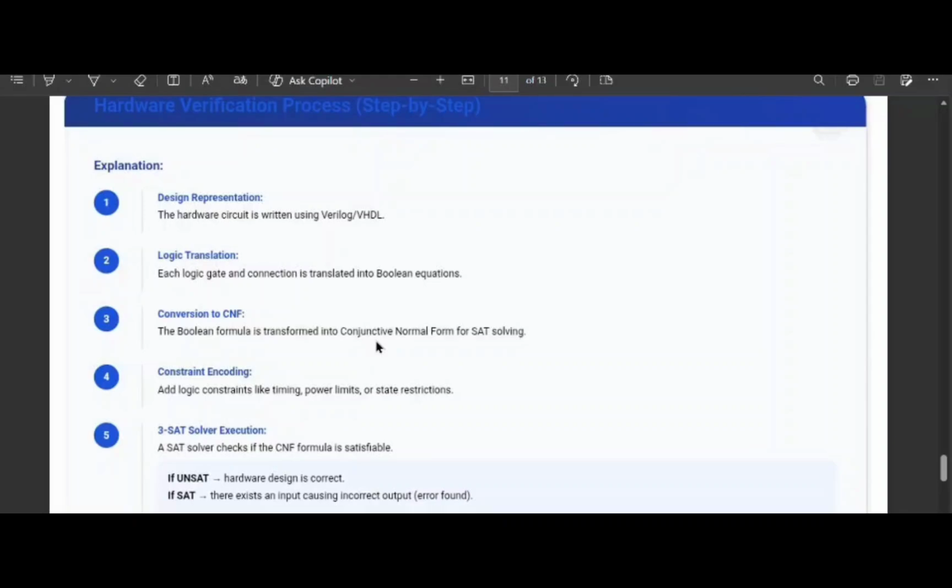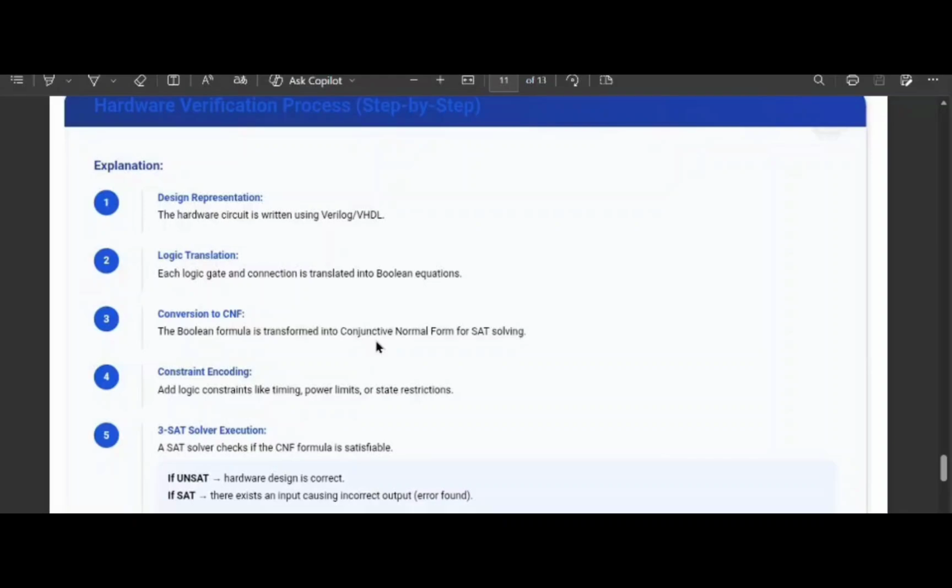Constraint encoding. We add timing limits, state restrictions, power limits, etc., because hardware needs to follow physical rules, not just logic correctness. SAT solver execution.